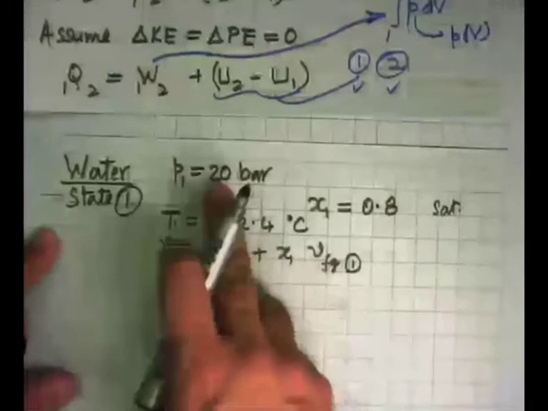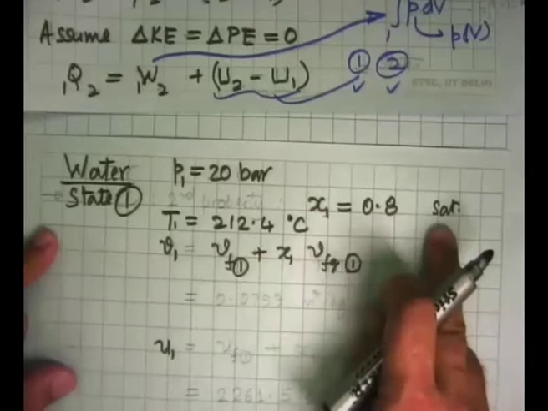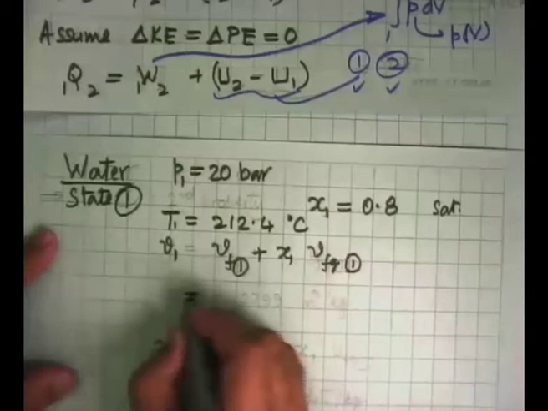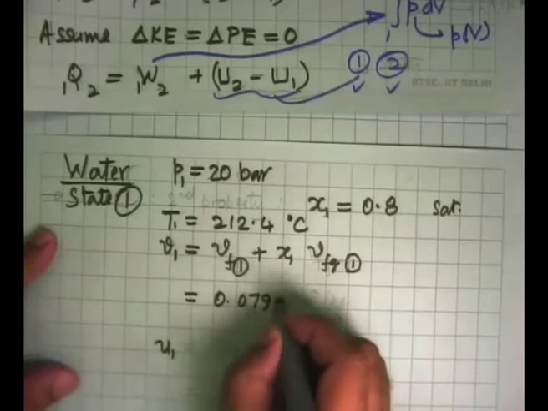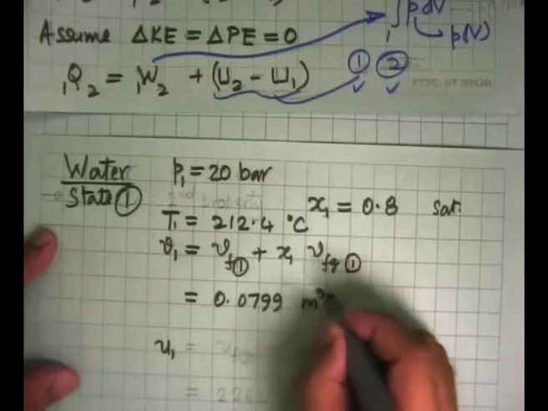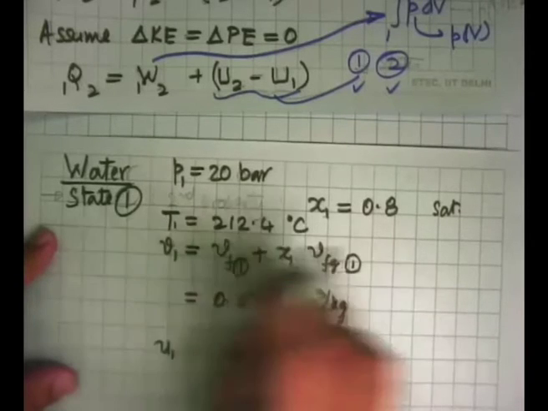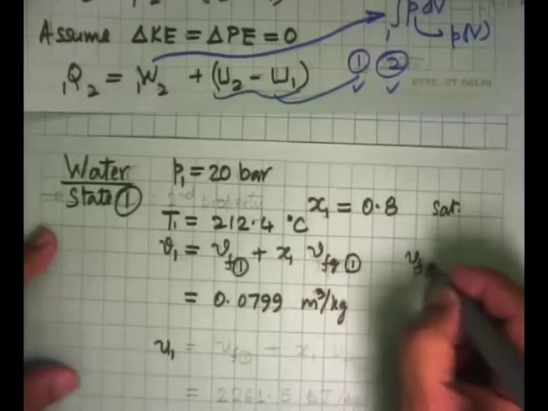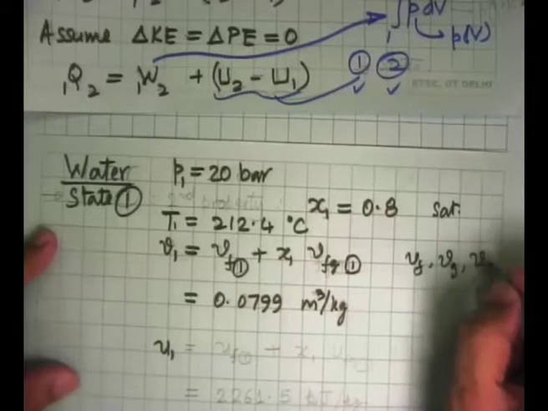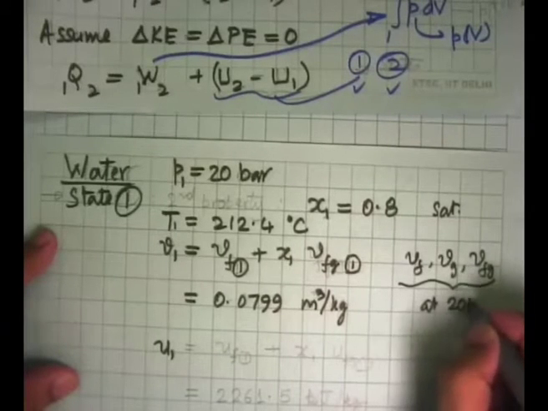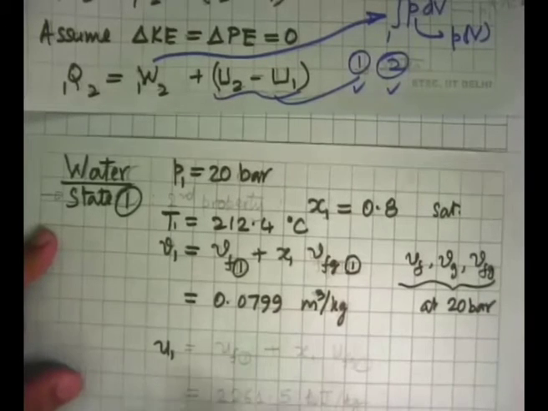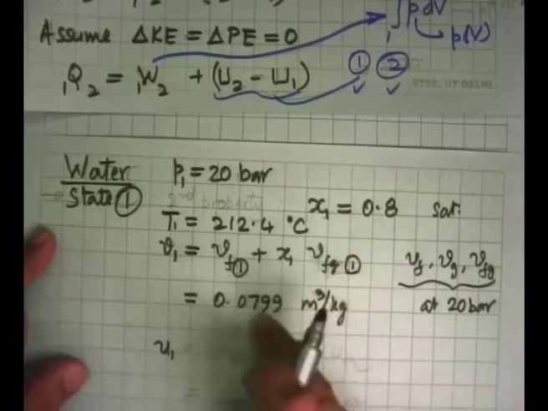All we needed to know is what is the pressure, because we know it is a wet state, and we can get those numbers from the tables, and this number is 0.0799. So we get Vf and Vg, or Vf, Vg and Vfg, all are at 20 bar. And we calculate this part.